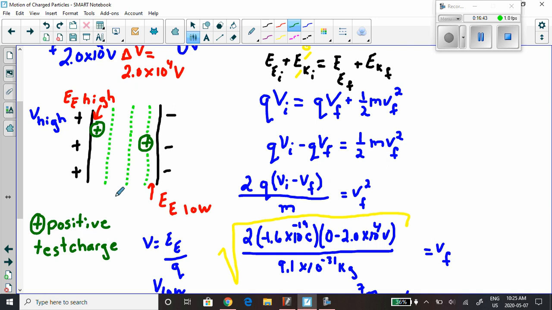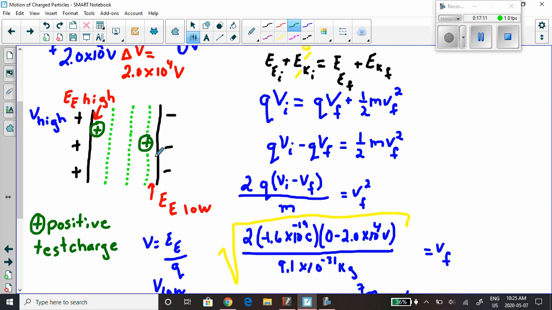So let's investigate. If I have a positive test charge right here, let's say it's actually touching the negatively charged plate, it's got nowhere to go. It's moved as far as it can move. It has no potential to move anywhere else. So that means along here is the lowest electric potential energy that can be established.